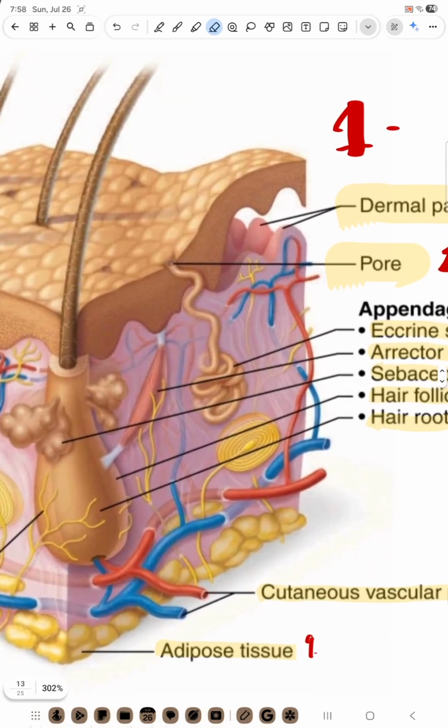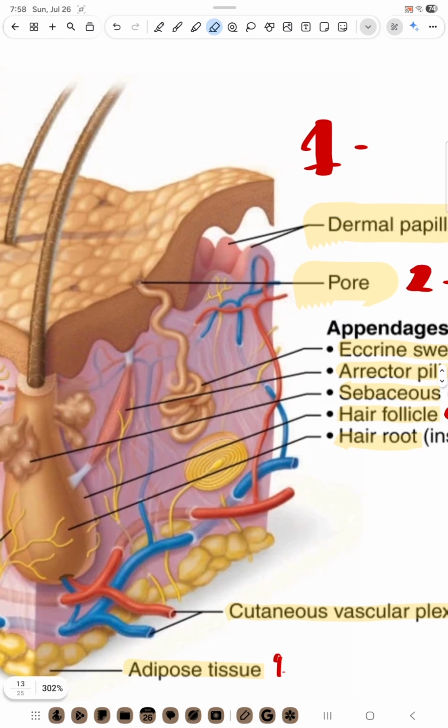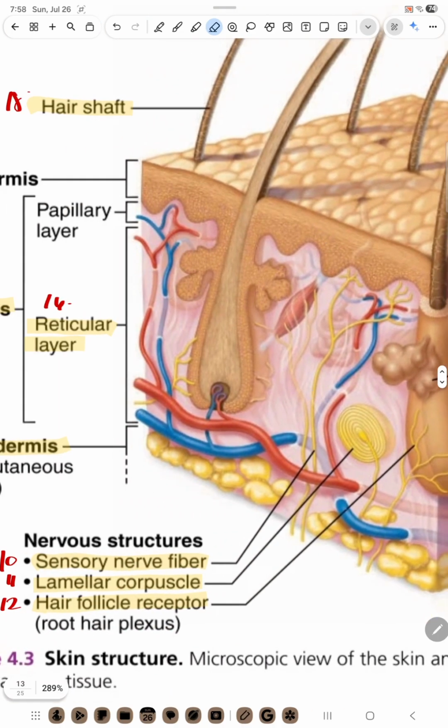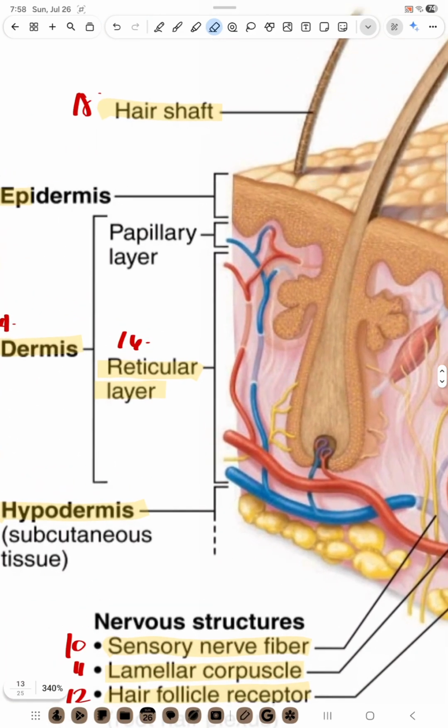So, si papillary layer, kanang kabantay nimo nga atong fingerprint, no? Look at these ridges. Mao ni si dermal papillae.